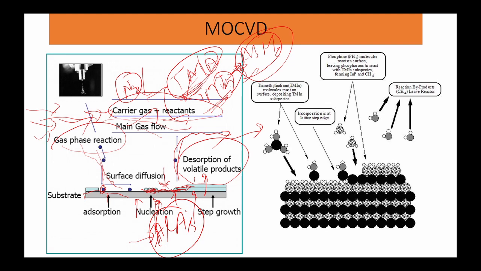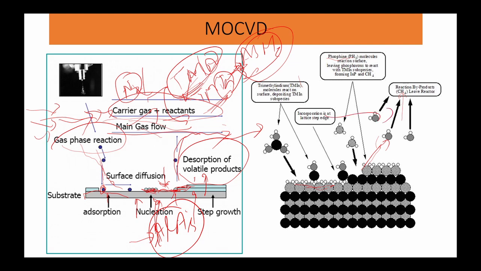Here you can see there is a reaction between trimethyl indium, TMIN, and phosphine gas, PH3. This TMIN will react with the substrate, or the previous layered material, and there will be byproducts. This methane will be the byproduct, and it will go out with the main gas flow.